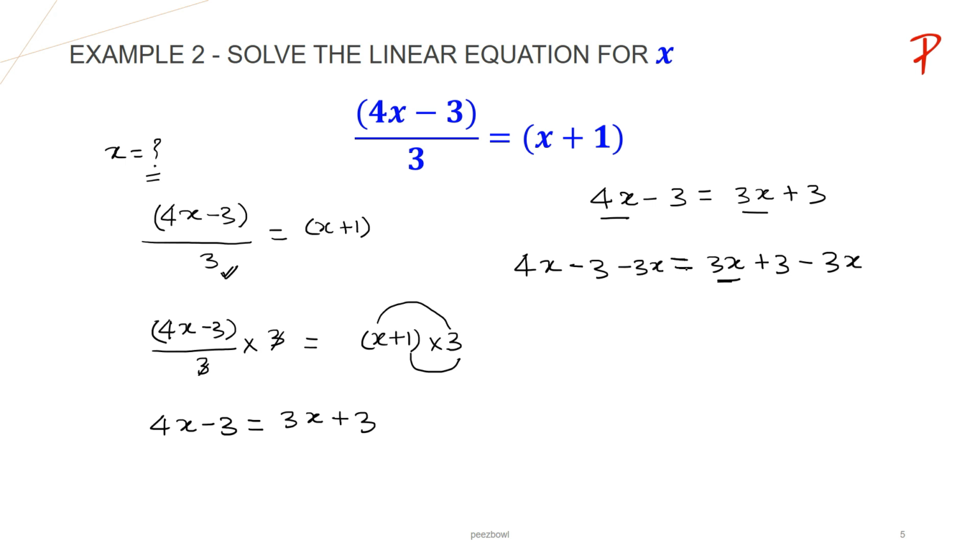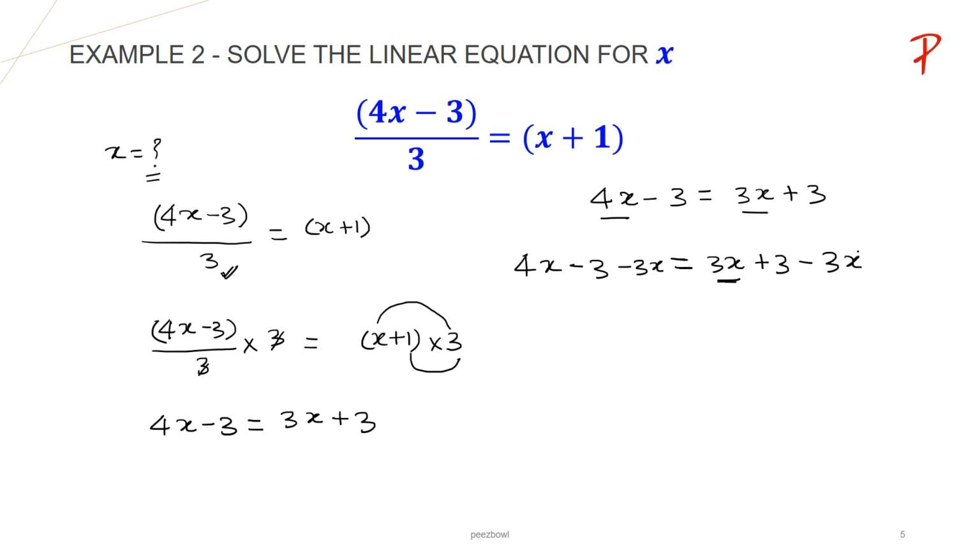Because there is an equal to sign, I have to make sure that whatever I am doing on the left hand side, I also do the same on the right hand side, right? Whatever I am adding or subtracting on the right hand side, I also need to add or subtract on the left hand side. For this example, I have subtracted 3x from the right hand side because I have to remove 3x, right? And that's why I have subtracted 3x from the left hand side as well.